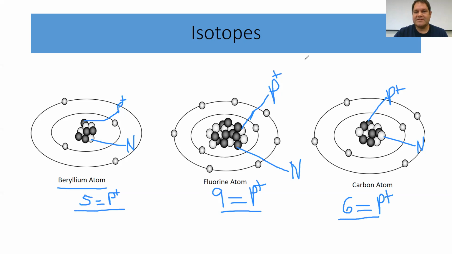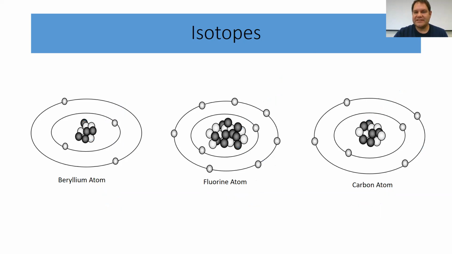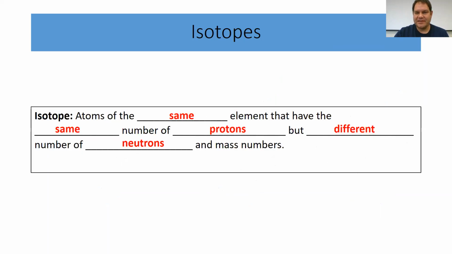All right, now we'll get into the definition of isotopes, and then we'll look at some examples of what we mean by it, okay? So an isotope, by definition, are atoms of the same element. So what we're saying here is that an element might have different types of atoms.